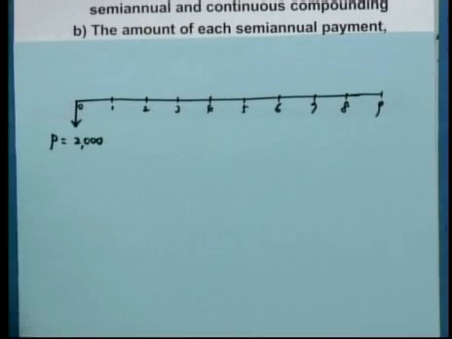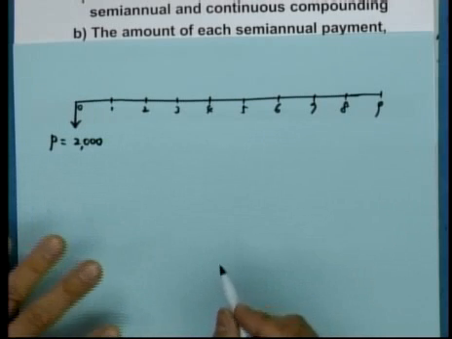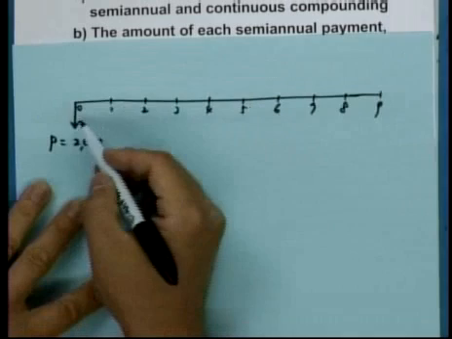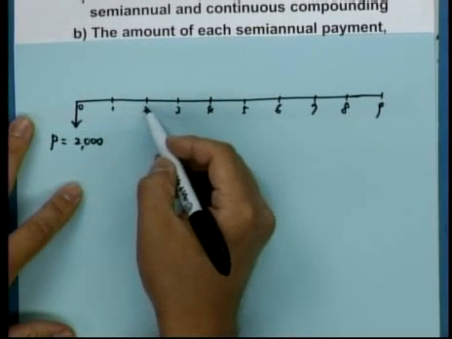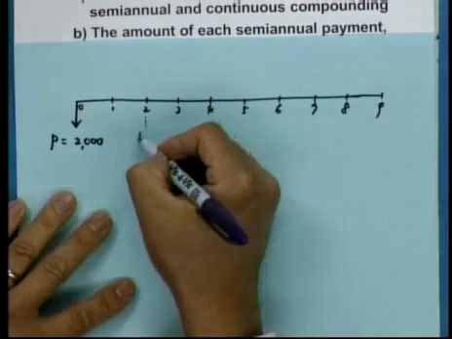So after the second 6 month period, this becomes the first year, right?